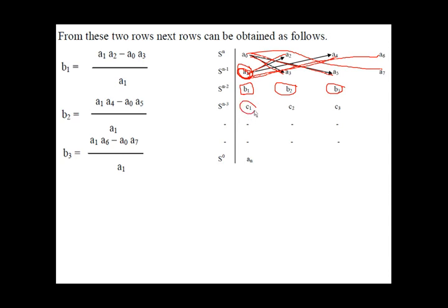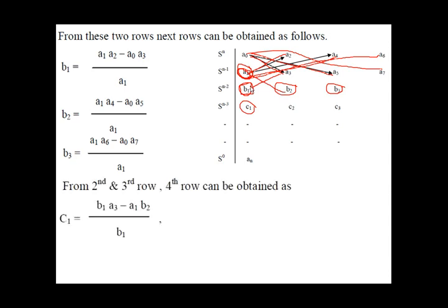How will you get c1? So b1 into a3 minus a1 into b2 divided by b1.